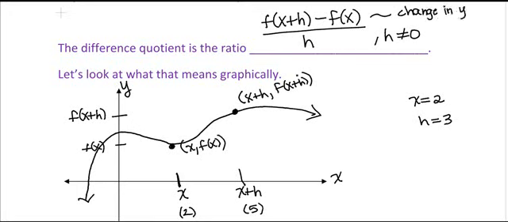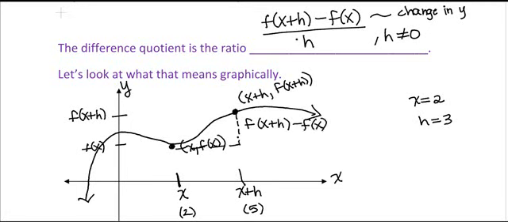Right, because all that's doing is subtracting the two y values that we had. So this vertical piece is really f of x plus h minus f of x.